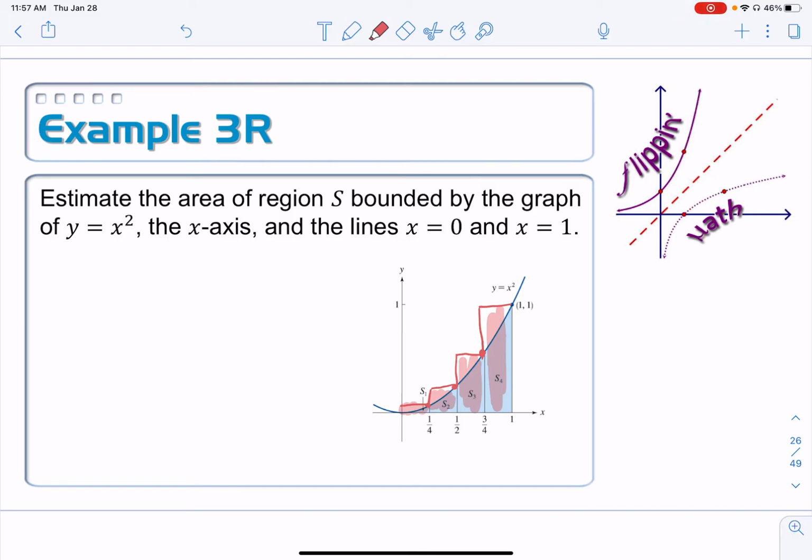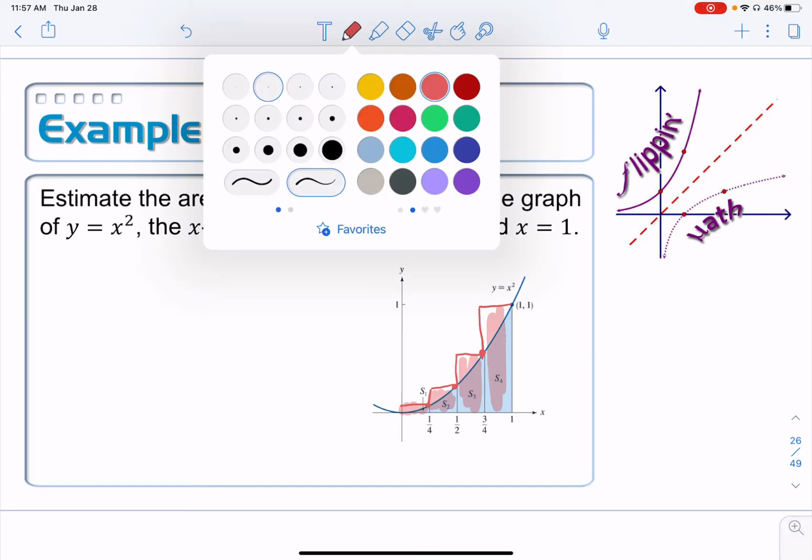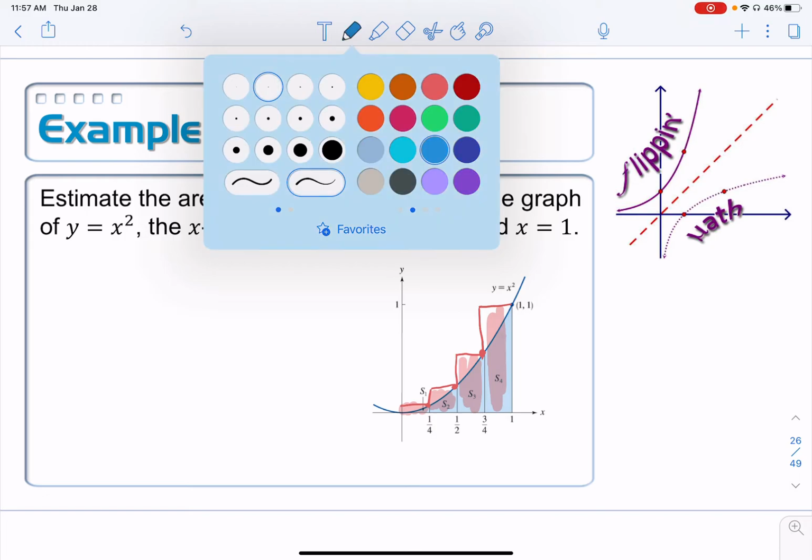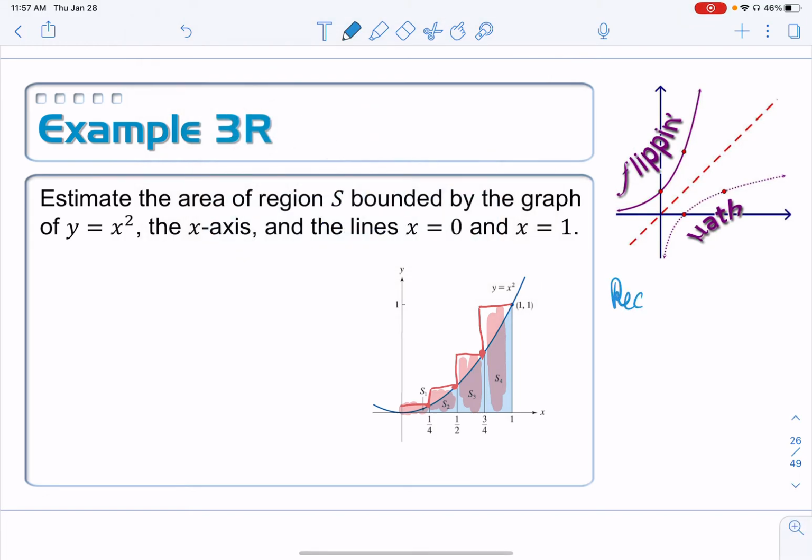Whenever you go to find the area of a rectangle, we know its area is equal to a base times a height. Our base length is basically these lengths right down here. It's the width of each one of these rectangles. We're going to call that width delta x.